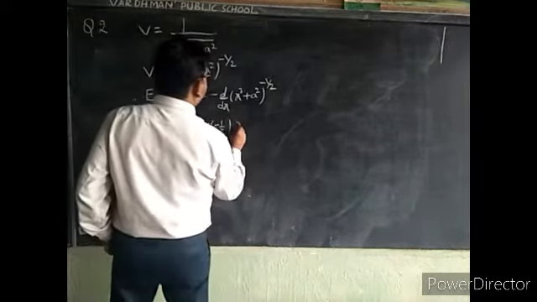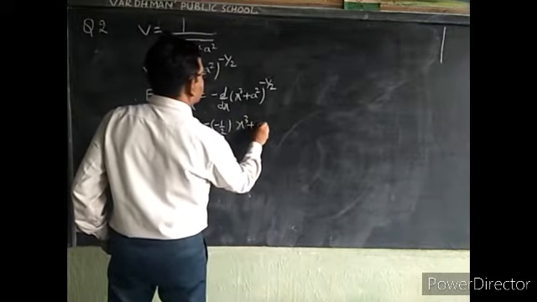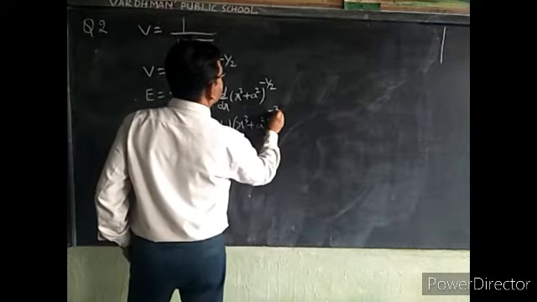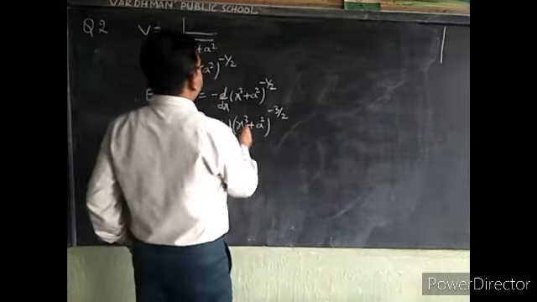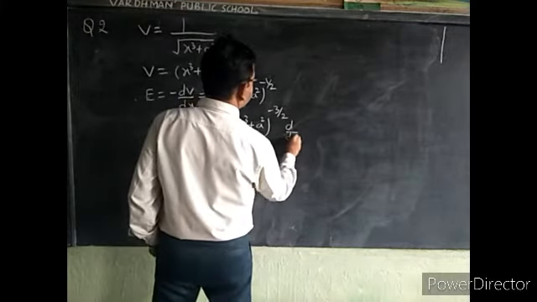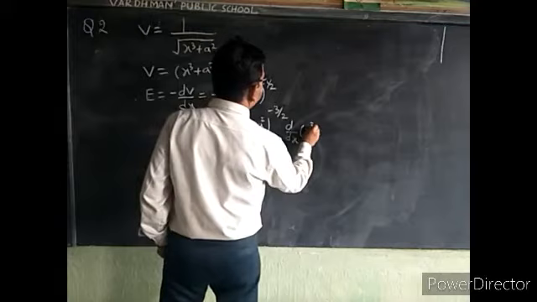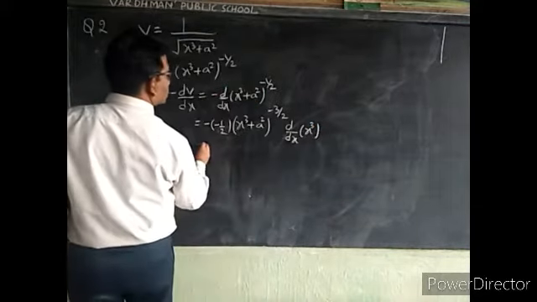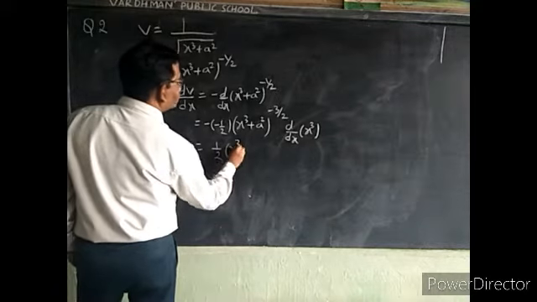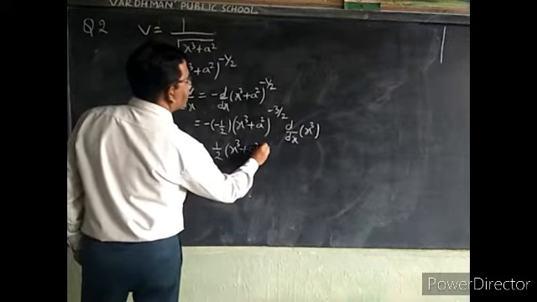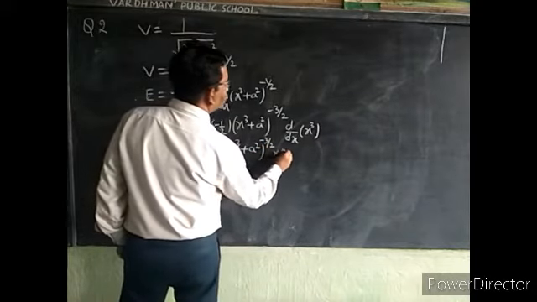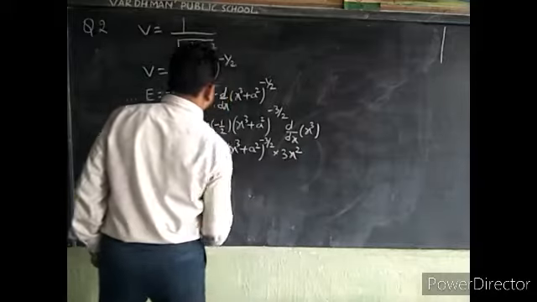That is x cube plus a square to the power minus 3 by 2, and we differentiate x cube again, which gives 3x square.